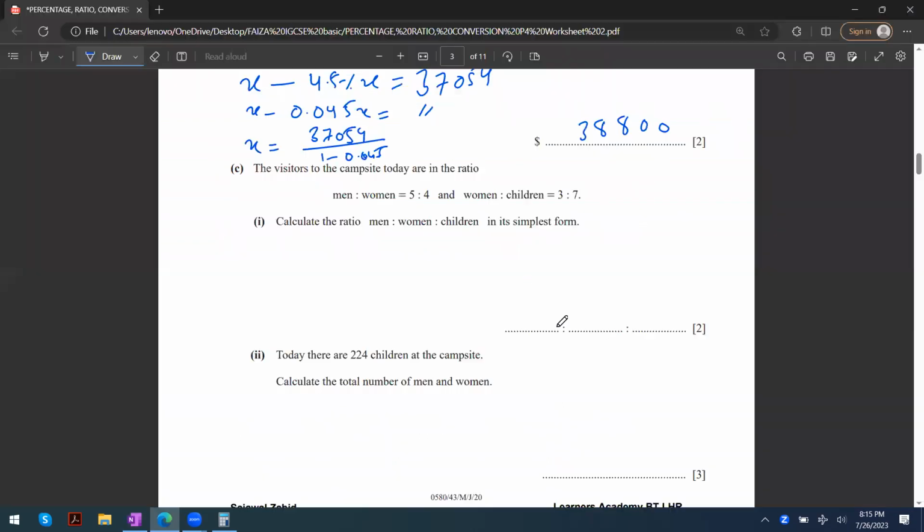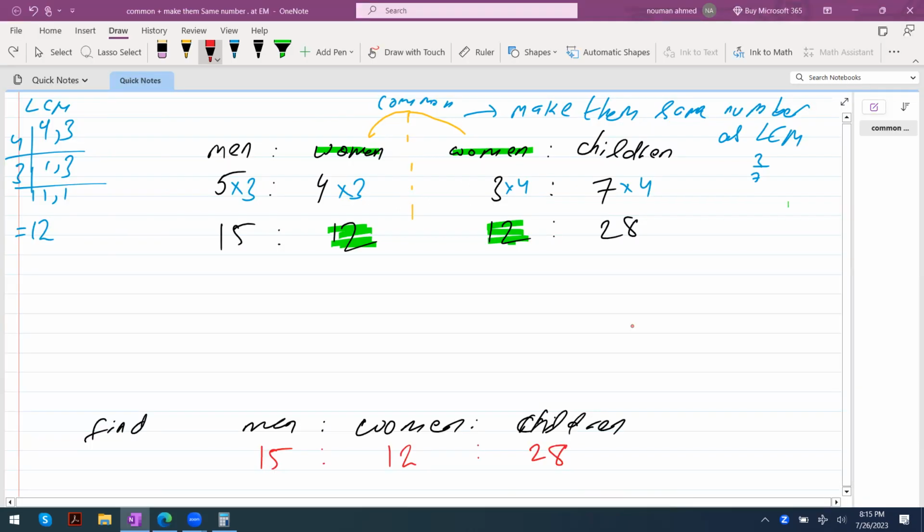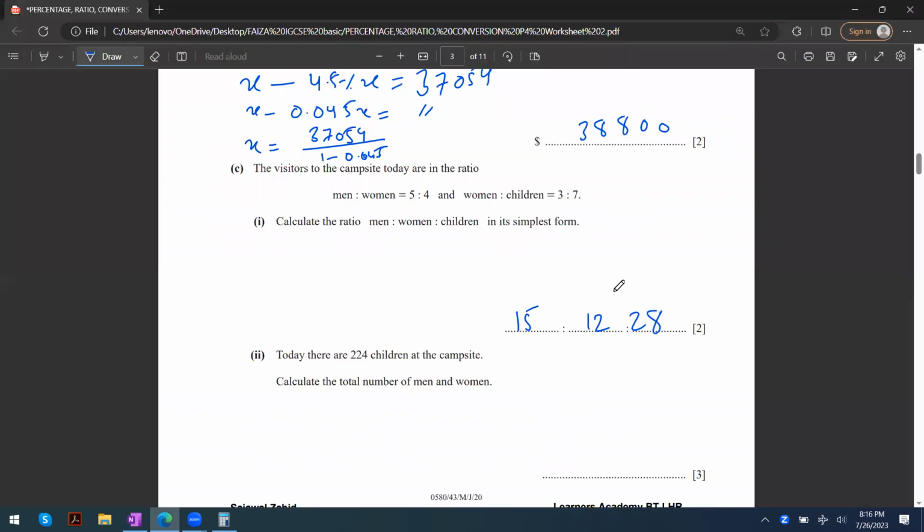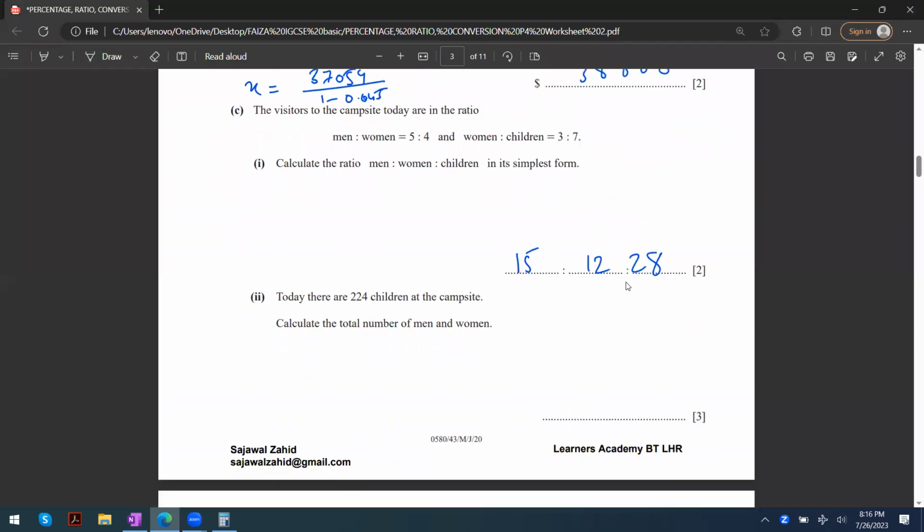Working is here. I am just writing the answer here. There are 224 children. And how does the 224 children come?